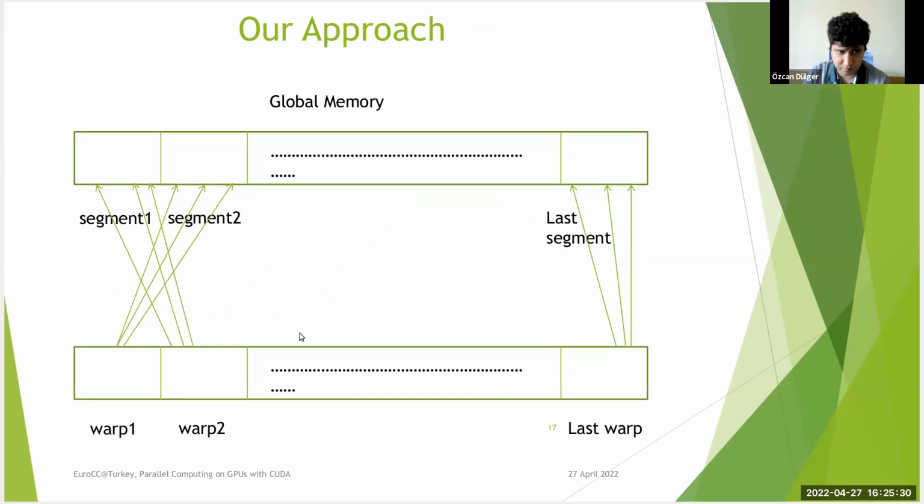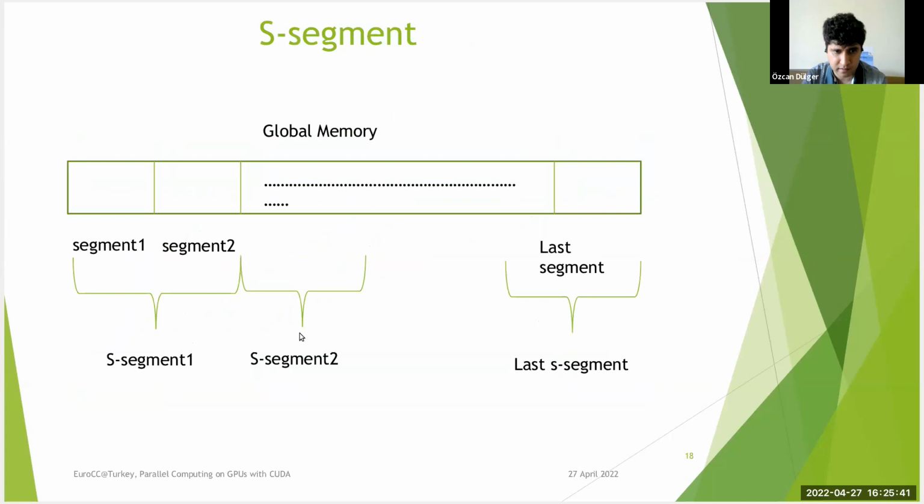Our approach is to force the threads in the same warp to access the same segment of the global memory. To do this, or to make this generic, we define an S segment concept here. A S segment, like a grouping, consists of contiguous real segments.